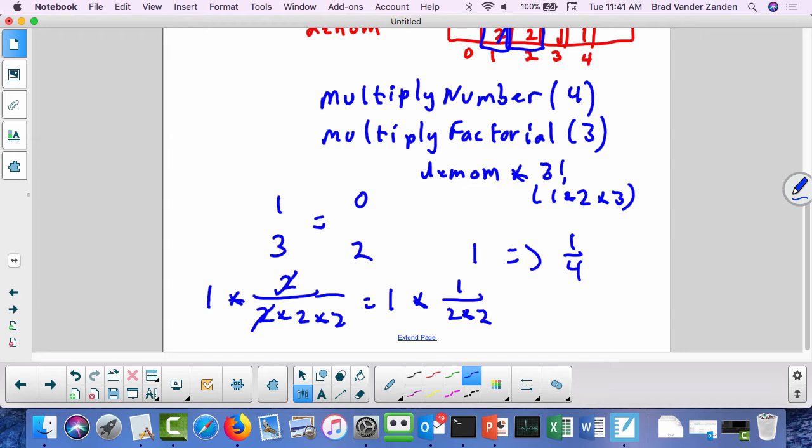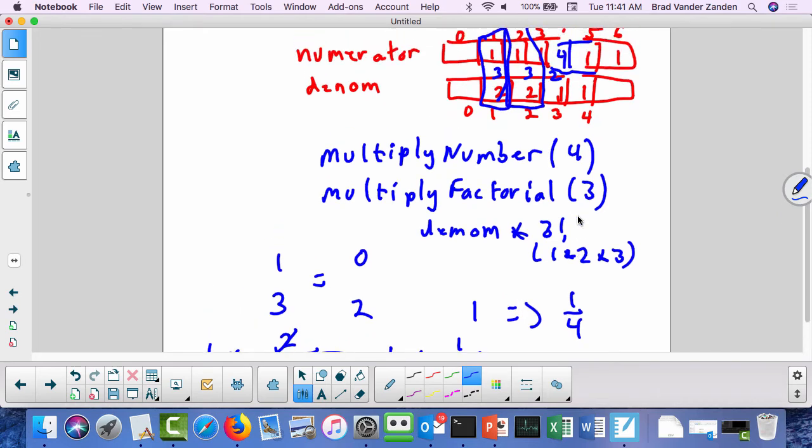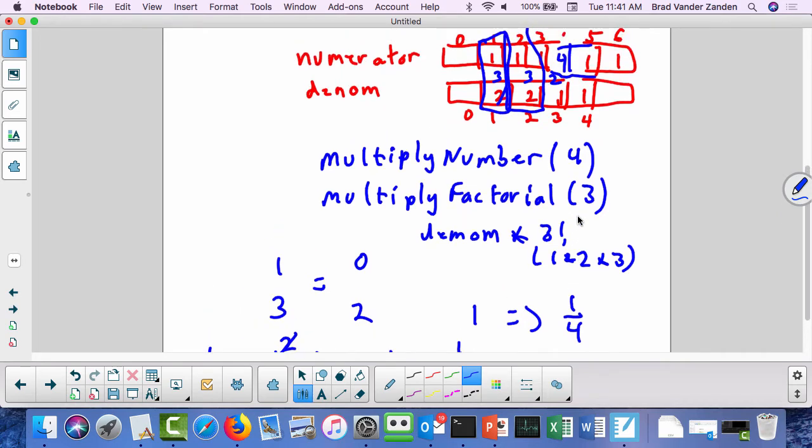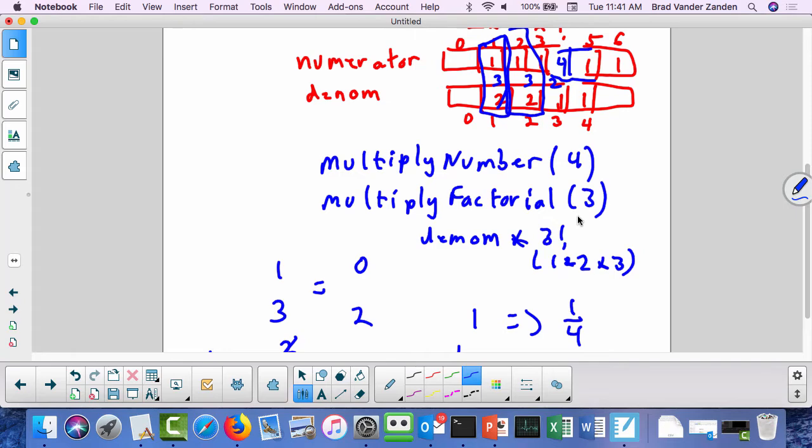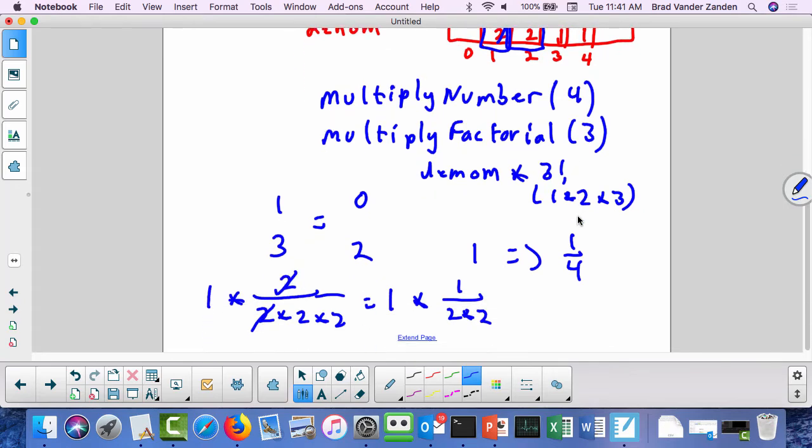If the numerator is greater, you subtract the denominator from the numerator and you multiply by that number of factors. So we have 1/4 after we have processed 2.